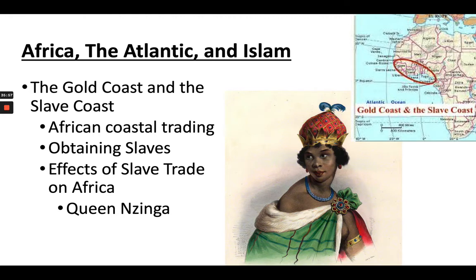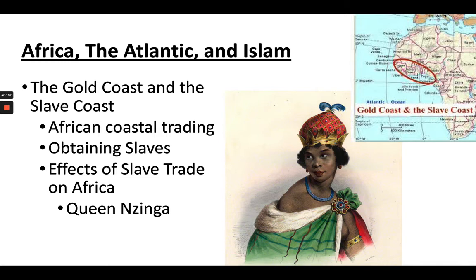And they generally are not going to travel inland because of disease, climate, and general geographic challenges. The one exception to this will be the Dutch colony on the Cape of Good Hope, Cape Colony, which will serve as a sort of halfway point to resupply ships as they go to and from Asia.